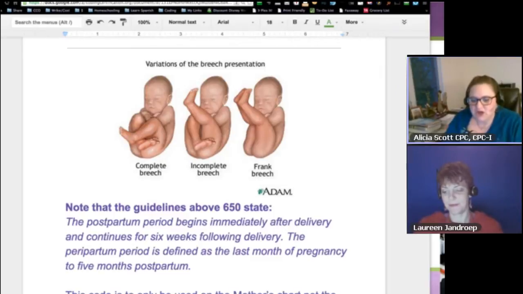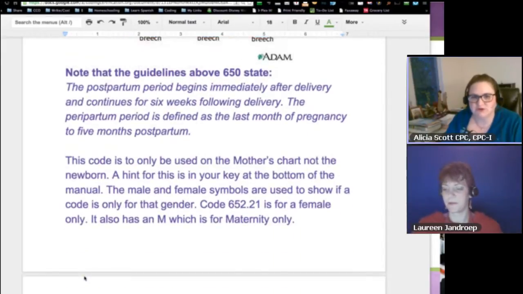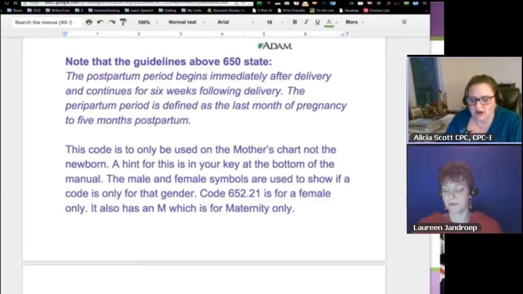Okay, so note that in the guidelines above 650, there is a statement that you need to make sure you're aware of. If you don't have this circled or a star by it, it will possibly give you some trouble when you take the ICD-9 portion of your exam.